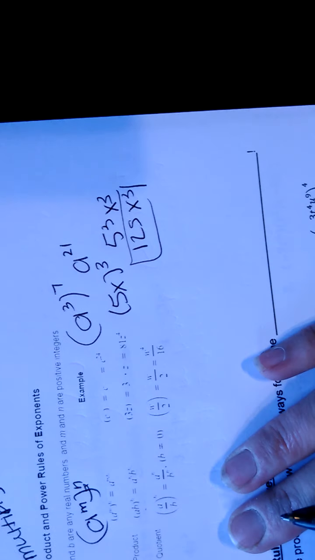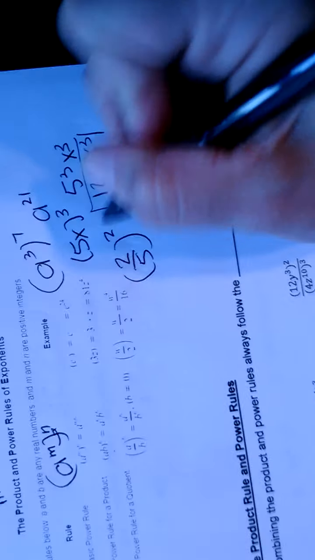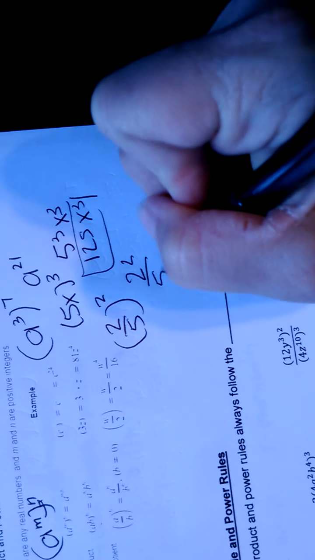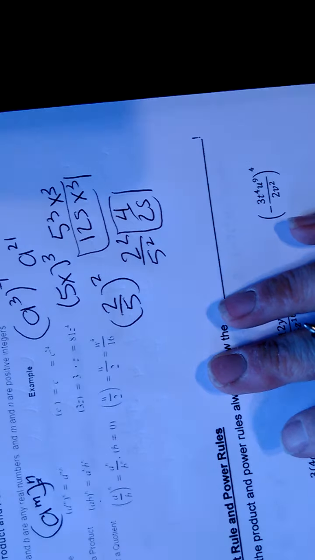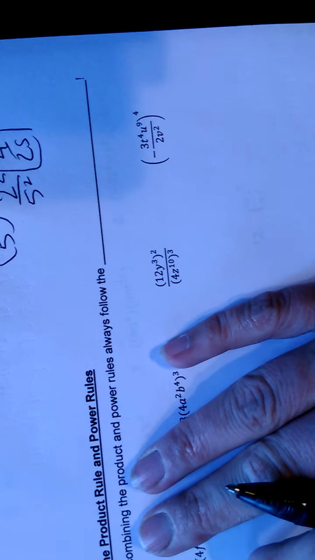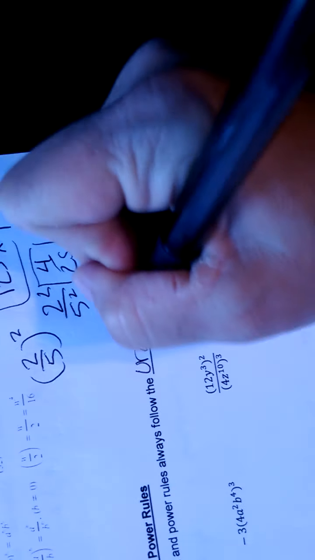And quotient, we also saw, if I'm not mistaken, like the fraction, like 2/5 or whatever we saw a second ago, getting, say, squared. That needs to be 2 squared over 5 squared, which is 4 over 25. So just knowing basically that if you've got parentheses around it, everything needs to be taken to whatever that power is, okay? So combining these rules, it says when combining the product and power rules, always follow the order of operations.